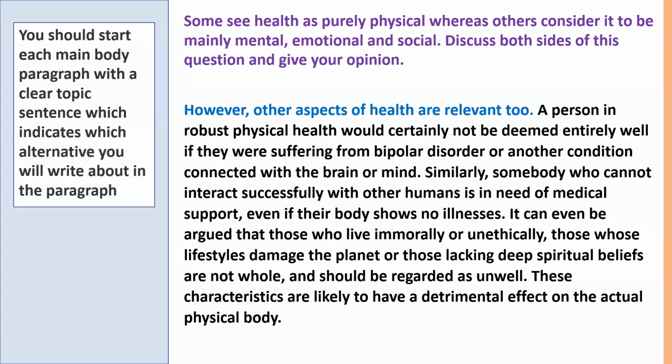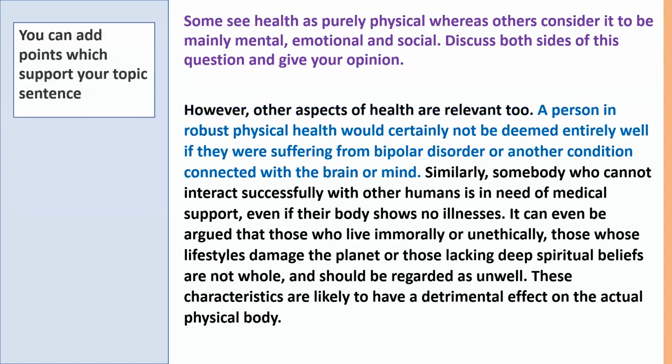On to the second main body paragraph. Again, clear topic sentence indicating which alternative you're writing about. You can add points which support your topic sentence. And again, explanation can support the points that you make.